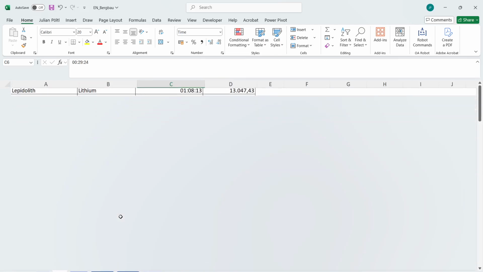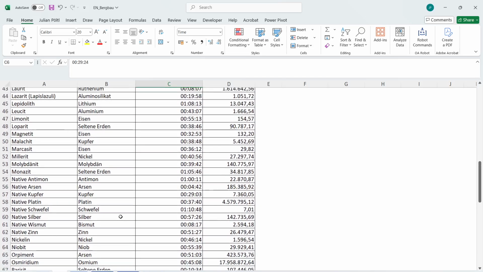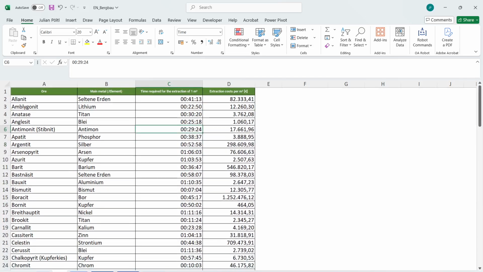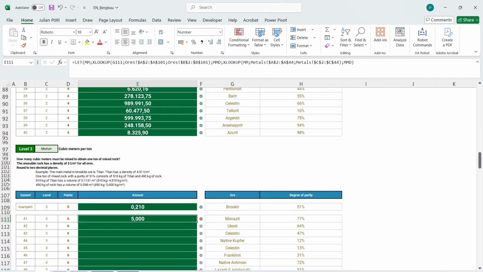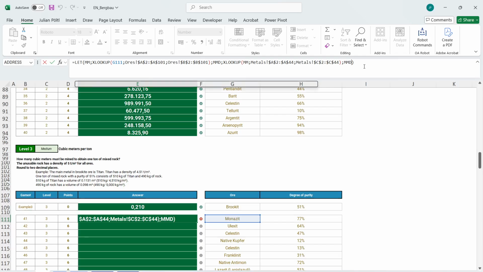I don't know what's in there. Rare earths, so I don't know the English term for it. Lithium and all that scarce resources.